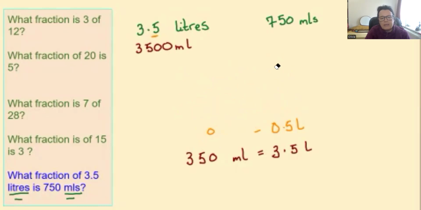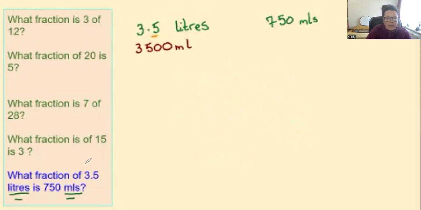Now this makes it much easier to solve. Let's read the question again using milliliters. What fraction of 3,500 milliliters is 750 milliliters? What does that look like? Let's draw a bar model.